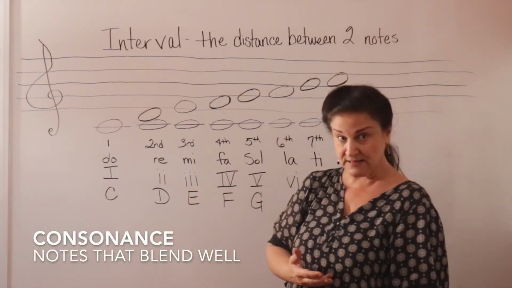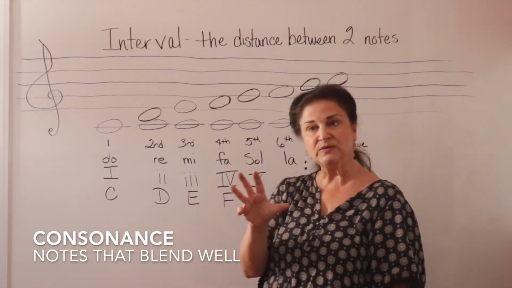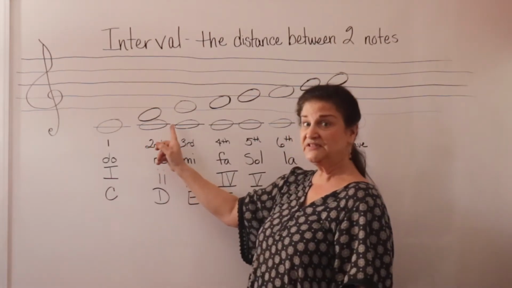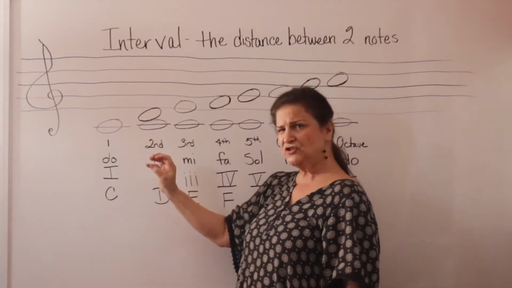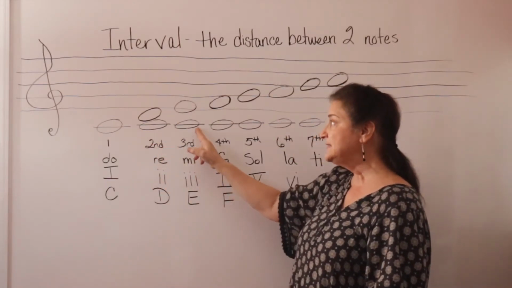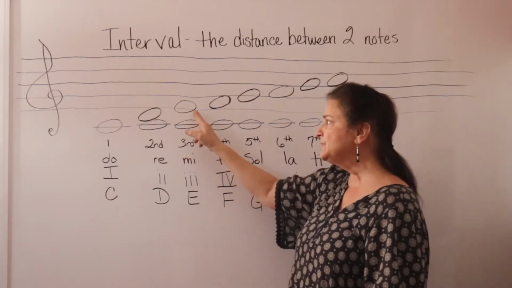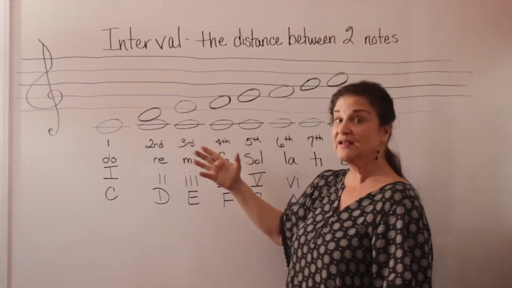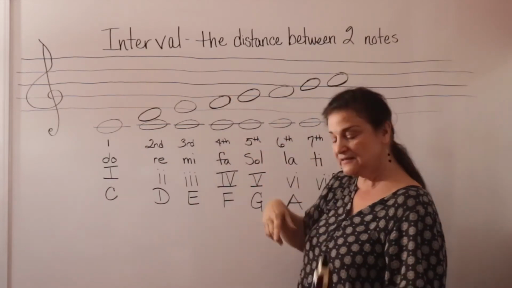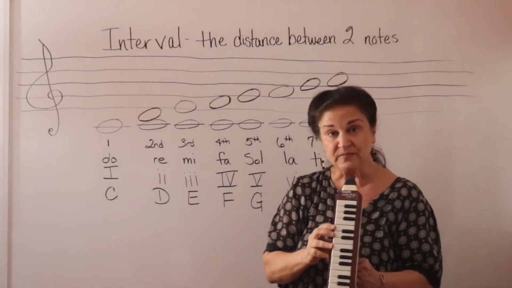We call it consonance. Consonance, notes that blend well together. So the second, C and D, clashes. We'll call that a dissonance. A third, C and E, 1, 2, 3, we call a third, and that's consonance. Now, C to F. Kind of sounds like the beginning to Here Comes the Bride.